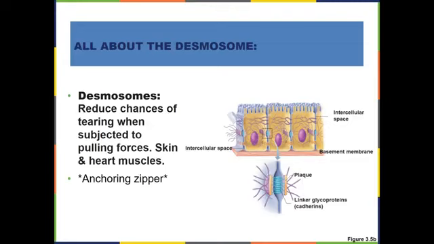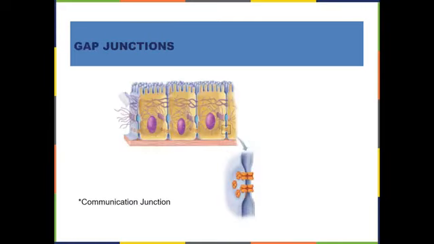Desmosomes use glycoproteins as linkers, and these linker proteins act like a zipper, and they allow for a little bit of stretch and give when any of these tissues are subjected to pulling forces. Both between your skin cells and the cells that make up your heart, we would find desmosomes, and this allows for some shearing or tearing pressure not to destroy these types of tissues.